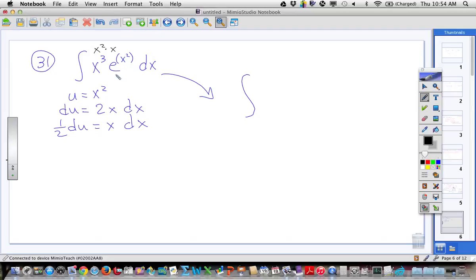So this part here is just going to be e to the u. That part's going to be e to the u. The x and the dx is going to be what? 1/2 du. And what that leaves me with is an x squared. And what's x squared? It's u.